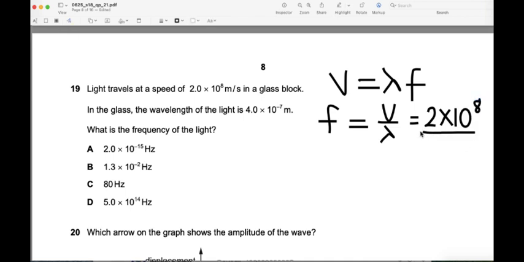Okay, that's the speed there. The wavelength of the light is 4.0, which is 4, so this is 4 times 10 to the power of -7.